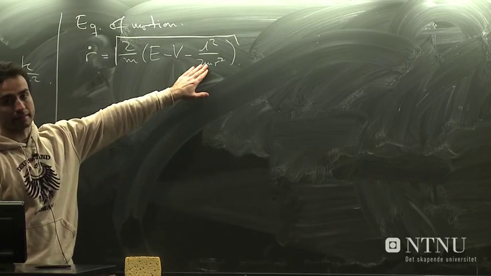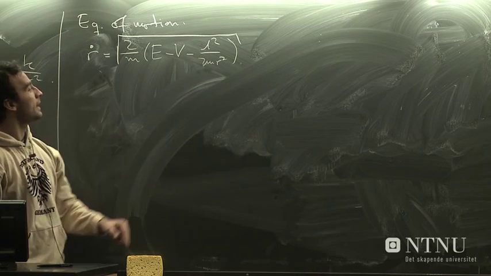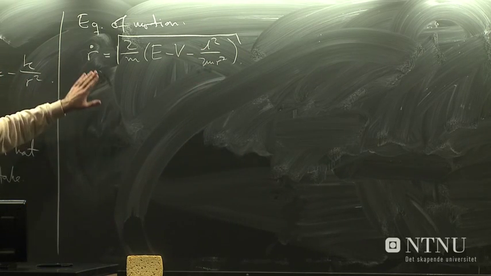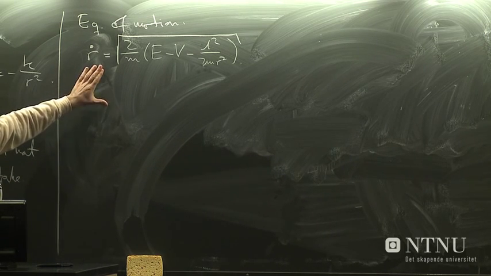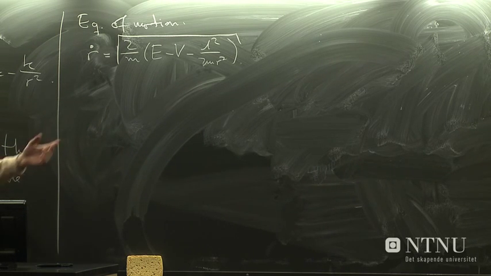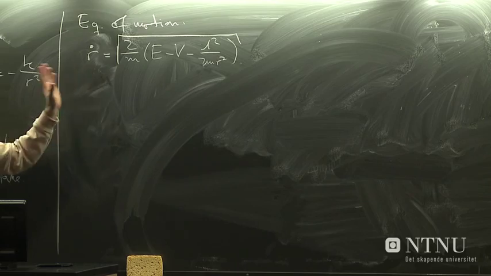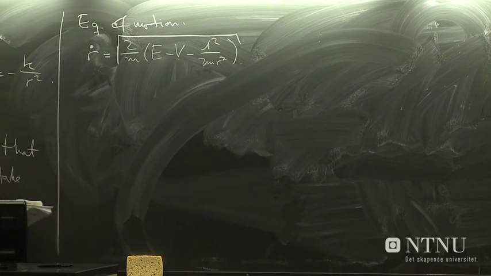And so we could eliminate theta dot and insert the angular momentum instead. And in addition, this equation of motion arises from the conservation of energy. So what we've done here is just to rewrite the conservation of energy in a way that isolates r dot. There are two ingredients here, conservation of energy and conservation of angular momentum.